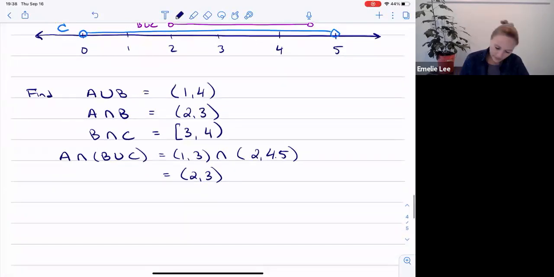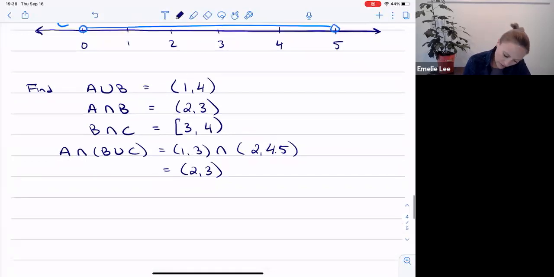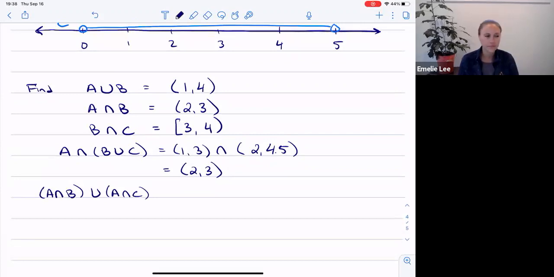Okay. What if we want to find something even trickier, like A and B, or A and C? From earlier, I know A and B is the interval from 2 to 3.